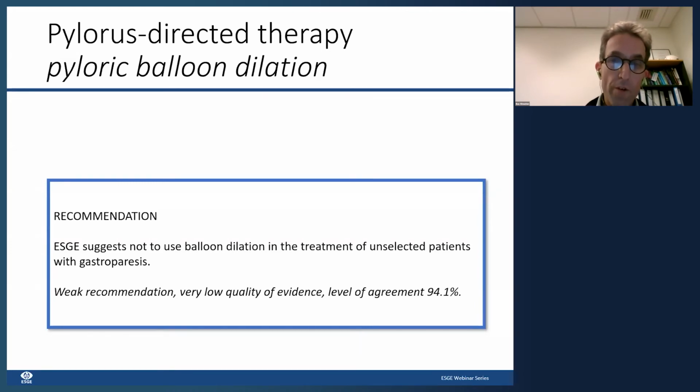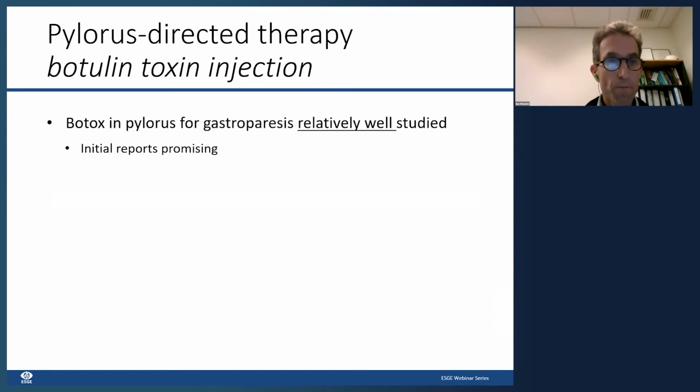But on the other hand, if you have no other alternatives, it could be done. And if you use pyloric balloon dilation, then you can choose for either a water-filled balloon of 20 millimeters or a pneumodilation balloon of 30 millimeters, the same as you used for achalasia treatment. So this is a weak recommendation.